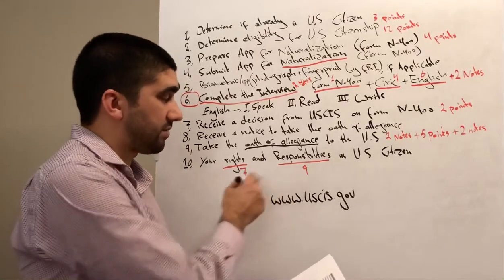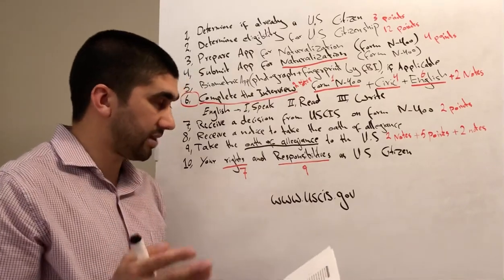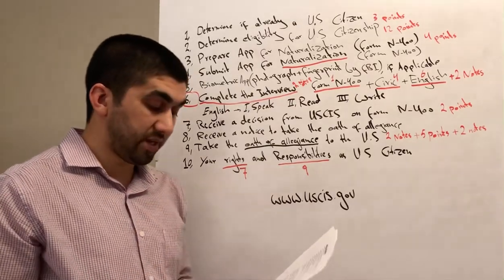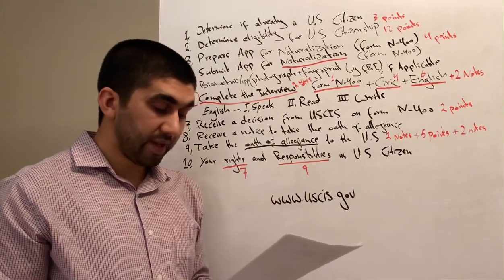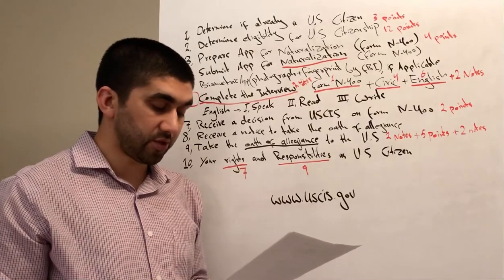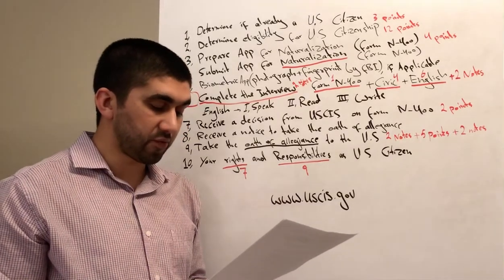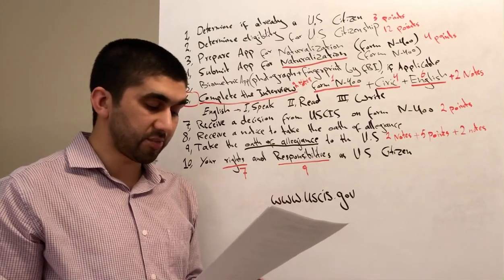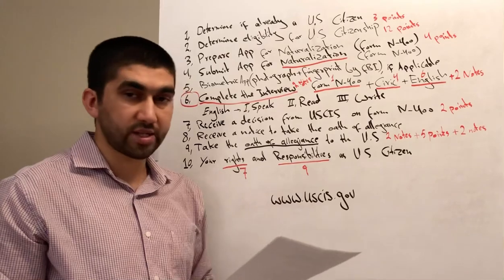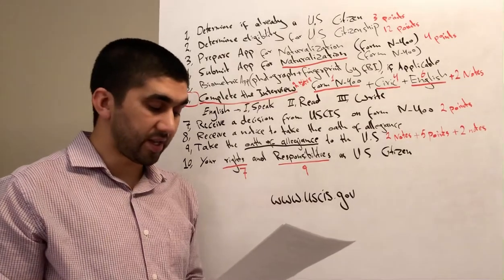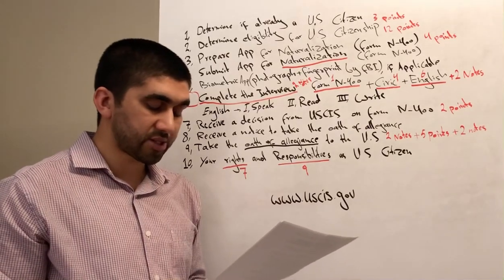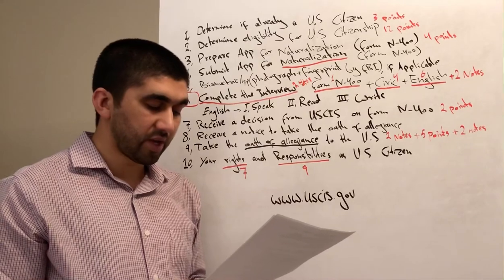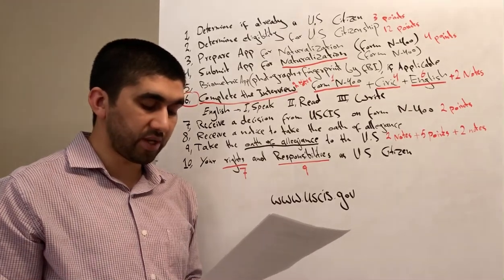Then we are coming to number 9. The 9 points of the responsibilities. Number 1, support and defend the U.S. Constitution. 2, stay informed of the issues affecting your community. Number 3, participate in the democratic process, let's say the election or so. And number 4, respect and obey federal, state, and local laws. Number 5, respect the rights, beliefs, and opinions of others.